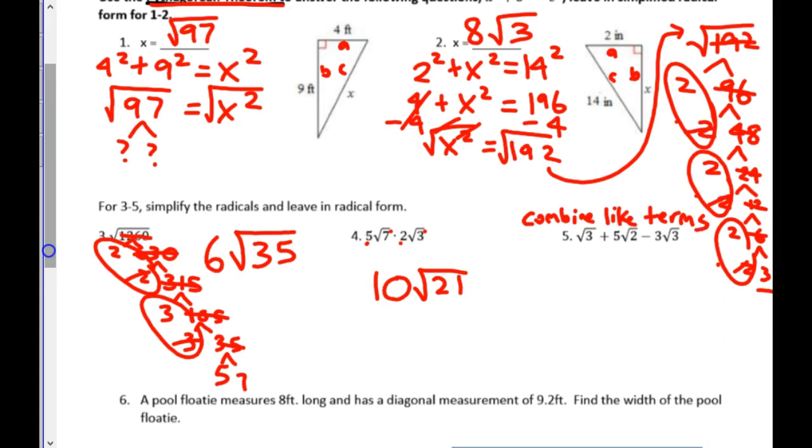So my like terms are 1 square root of 3 minus 3 square root of 3. Those have the same square roots. So 1 minus 3 is negative 2 square root of 3. And then my different square root is going to come down next to it, plus 5 square root of 2. You cannot combine different square roots.